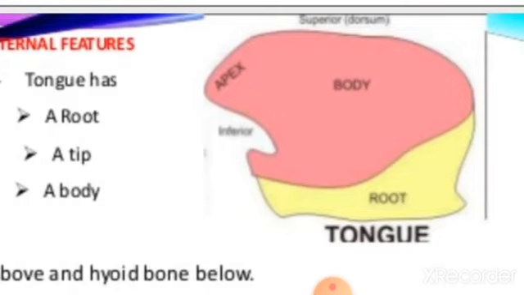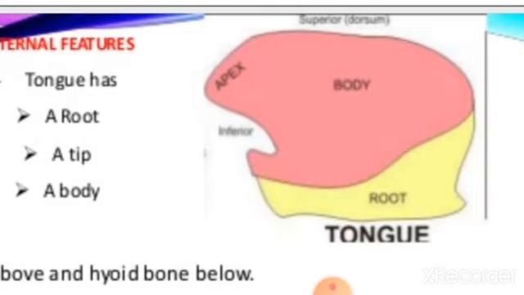Next is the root, which is attached to the mandible and soft palate above and hyoid bone below. These attachments prevent the swallowing of the tongue. So these attachments are responsible for the tongue being attached at one end and free at the other end.